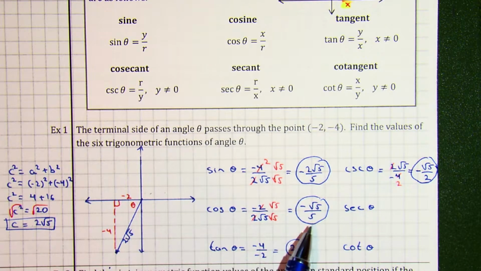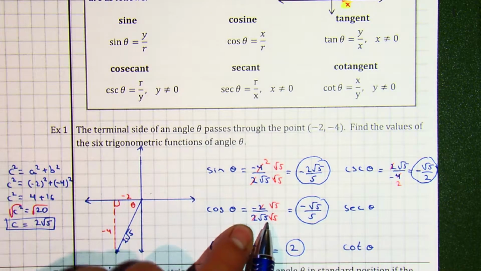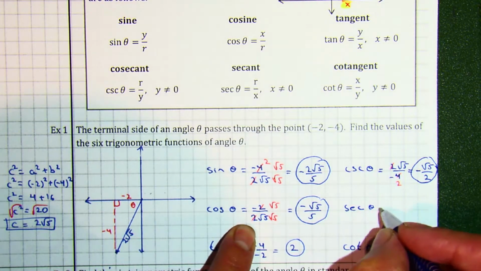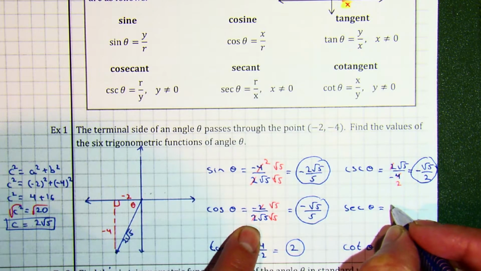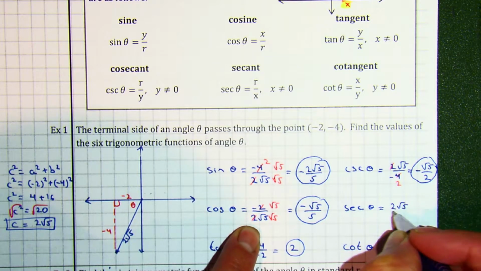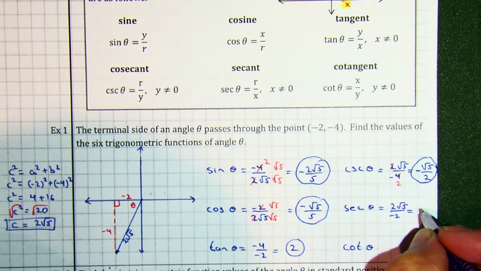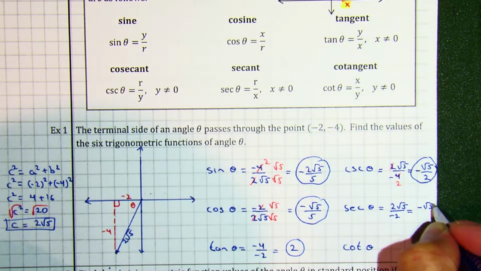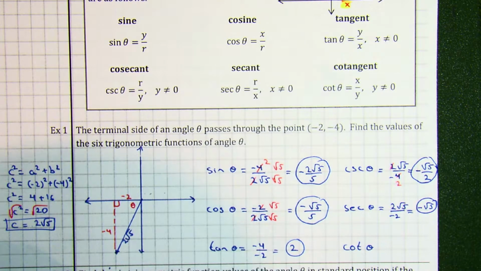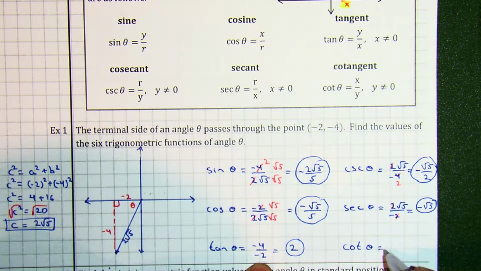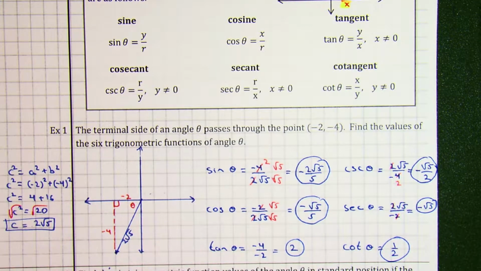Once again, instead of taking the reciprocal of my final answer, I'm going to take the reciprocal of my original since I rationalized it. So I end up with 2 square root of 5 over negative 2, or negative square root of 5, since my 2's cancel. And the reciprocal of tangent, of cotangent, is tangent, so the reciprocal of 2 is 1/2. So those are our 6 trig functions.